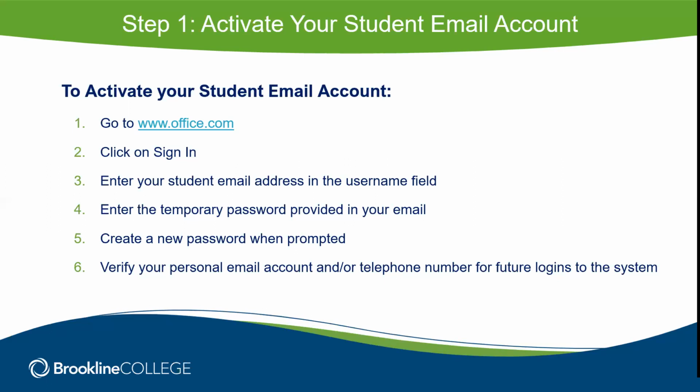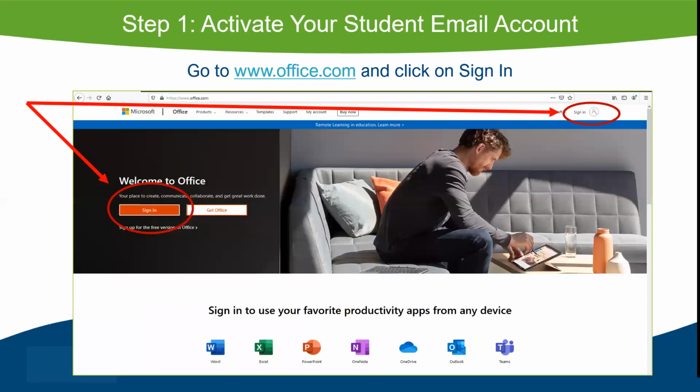We're going to walk through creating a new password when prompted. And then we're going to show you how to verify your personal email account and/or telephone number for future logins into the system. I'm going to show you screenshots of this, and then we're going to pause and see if everyone can get there based on the screenshots. Otherwise, we have the option to have you go into a breakout room and actually get some direct assistance.